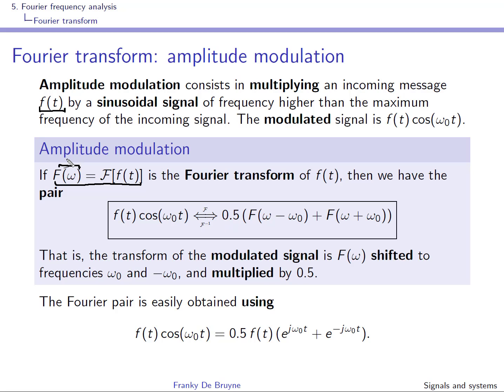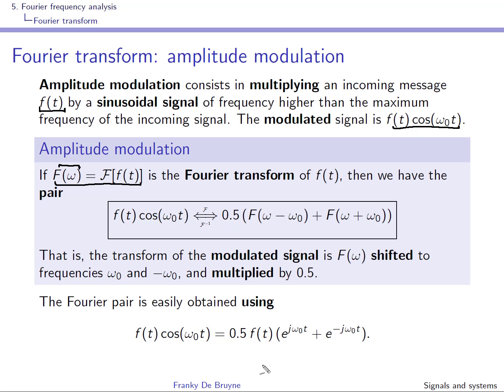Amplitude modulation consists in multiplying f(t) by a sinusoidal type signal, and in this case it will be a cosine. So this is the amplitude modulated signal, and this cosine is called the carrier, and the frequency of this carrier, the carrier frequency omega 0, is typically higher than the maximum frequency of the incoming signal.